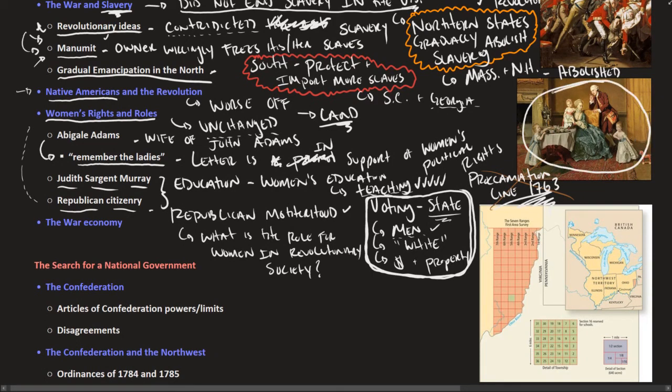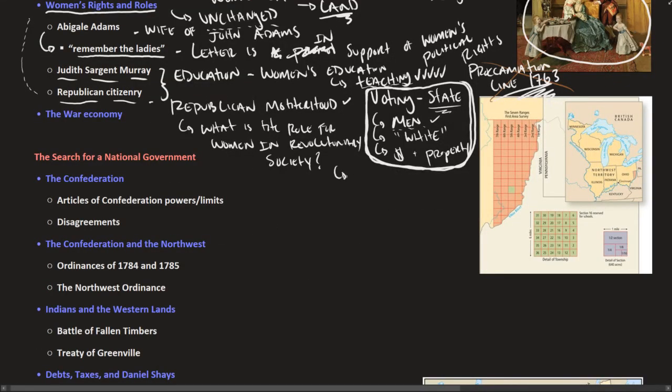Republican motherhood essentially stated that it was the role of women in revolutionary society to teach their children about all of those things: liberty, freedom, rights, et cetera.